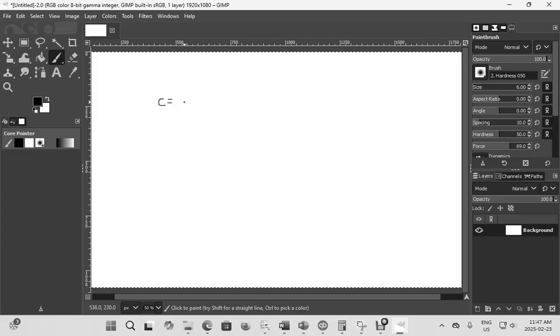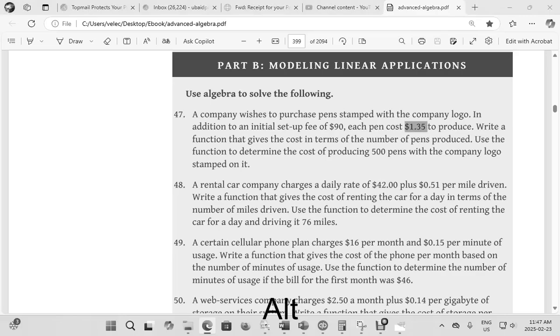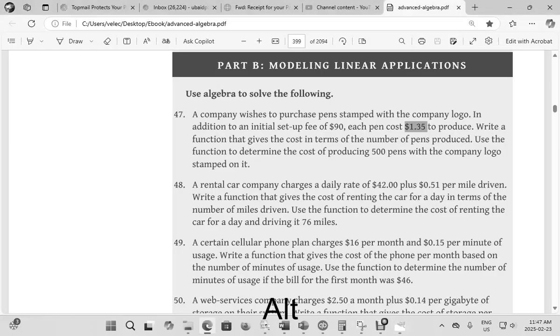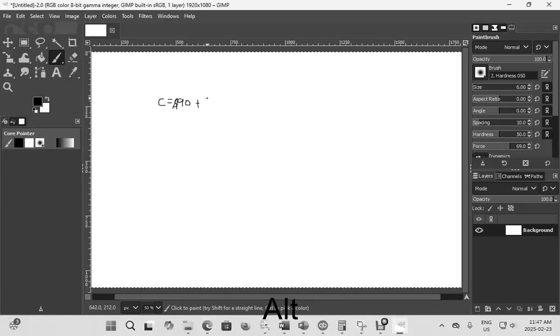The fixed cost is $90, the initial setup fee. So C equals $90 plus 1.35 into X.